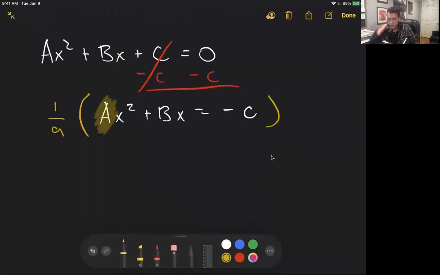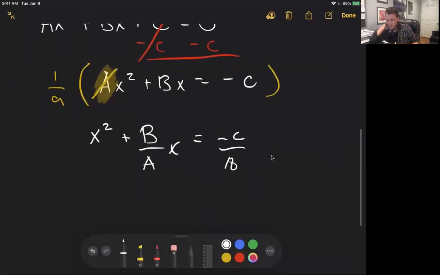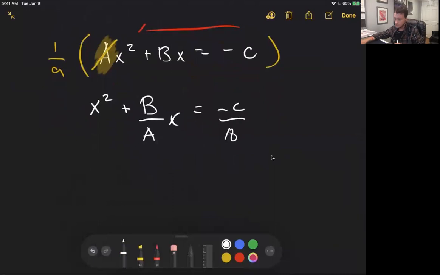You'll see how we get the a on the top in a second. When I do that, the a cancels, and I end up getting x squared plus b over a x is equal to negative c over a. So I end up getting this guy right here, which is pretty nice.